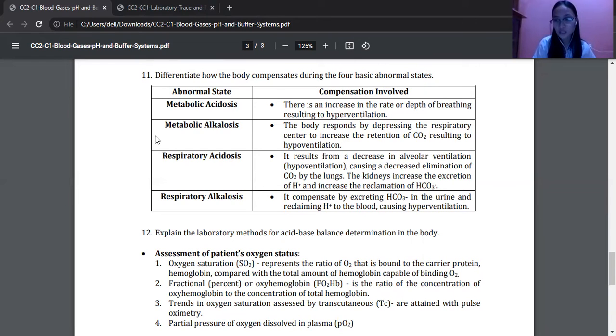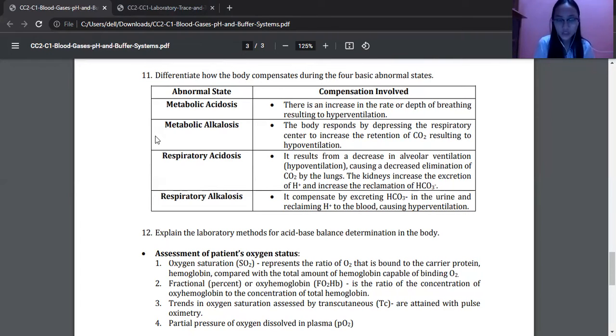And for respiratory acidosis, the carbon dioxide is retained in the blood, causing an elevated level of partial pressure of carbon dioxide. Because of that, the kidneys will retain the bicarbonate and will increase the excretion of the hydrogen ions.